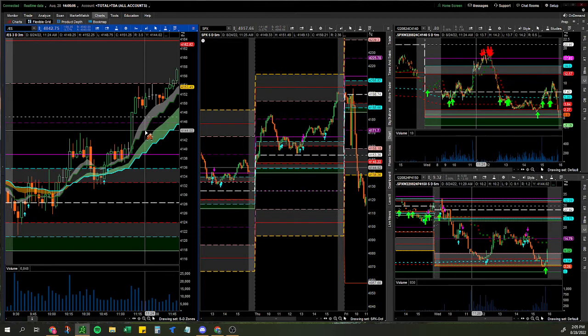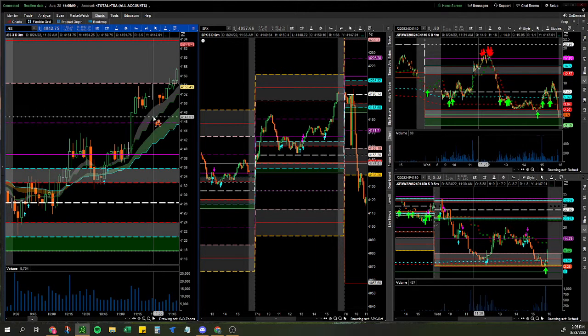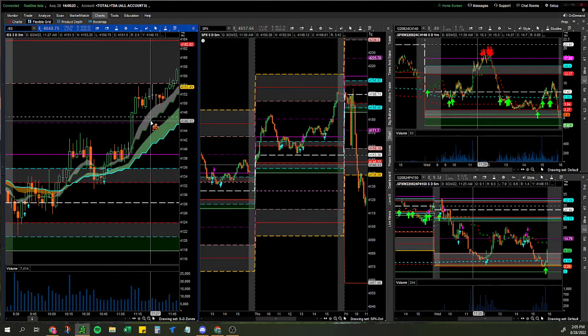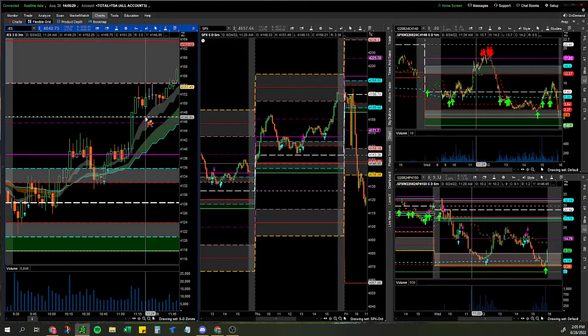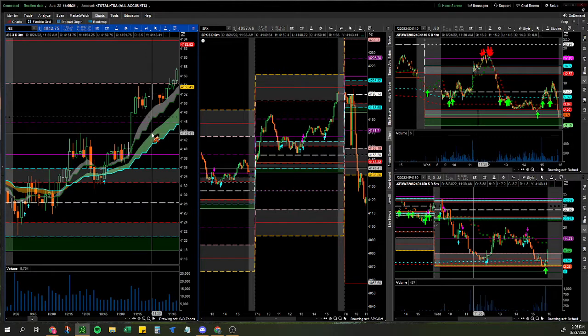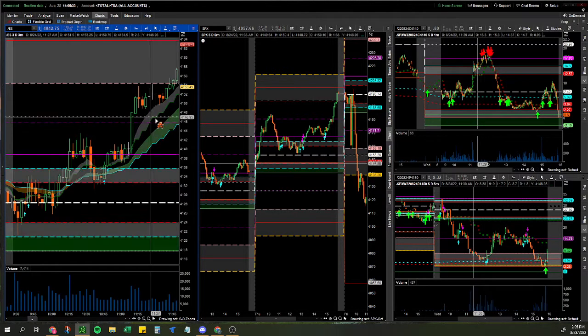It is between the 8 and 21 from a 3-minute. So if you guys weren't aware, moving averages can overlap each other if they're different time frames and different increments. So the 8-period moving average on a 5-minute sits between the 8 and the 21 on a 3-minute. It actually cuts their cloud in half.